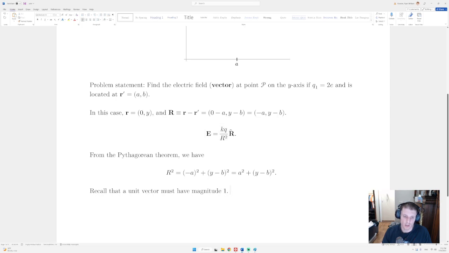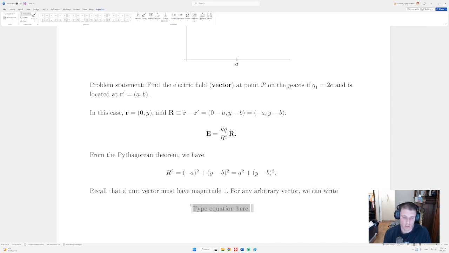So we're just going to keep it that way by ensuring that we turn this big R vector into a unit vector. For any arbitrary vector, let's just call it v, we can write v equals v times v hat, and I'm going to fix this up because this looks stupid. But now on the left-hand side, we have a proper vector.